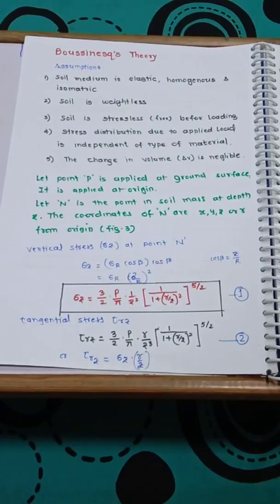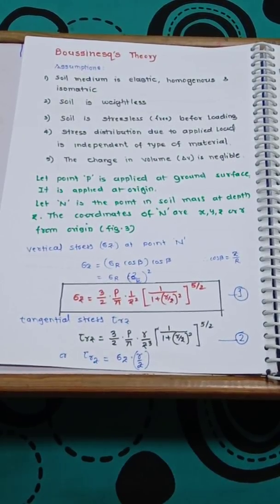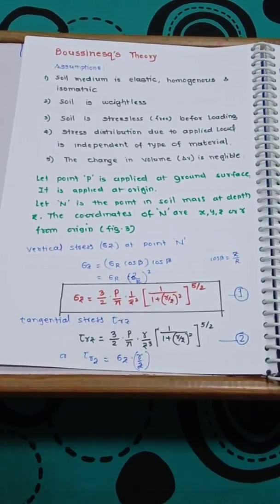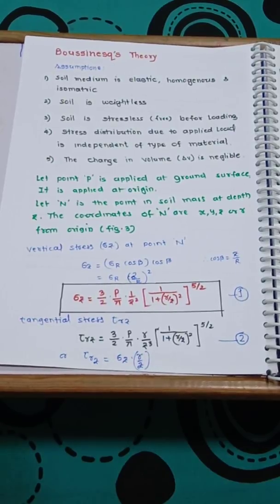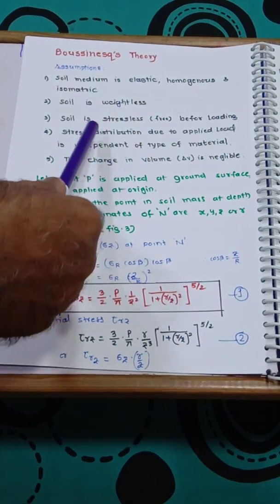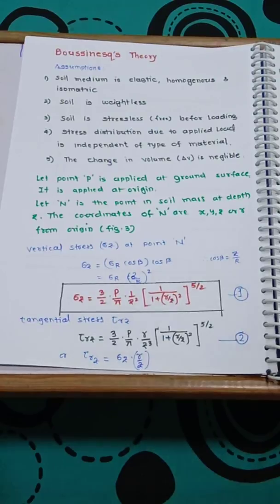Now, what are the assumptions in this theory? The soil medium is elastic, homogeneous, and isotropic. All these words you know very well. Soil is weightless. Most important, in vertical stress we use gamma z, but here gamma itself is neglected, so it is totally weightless. The self weight of the medium is not considered. Now, soil is stress free.